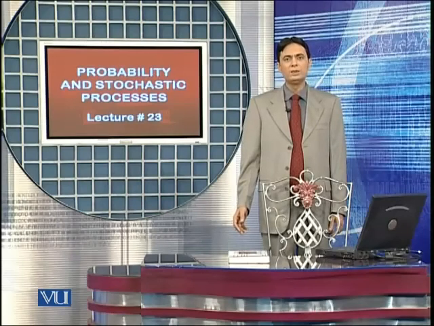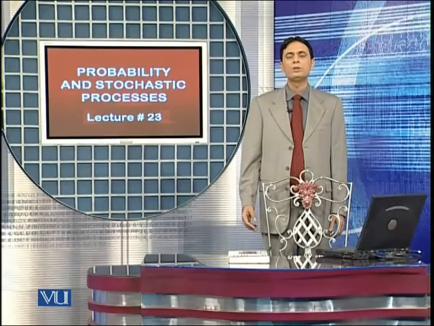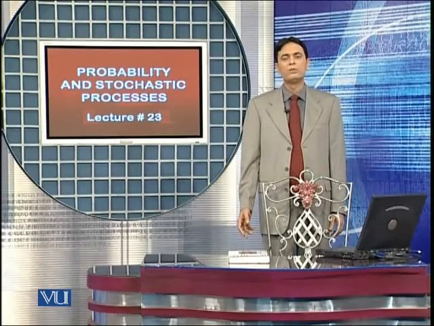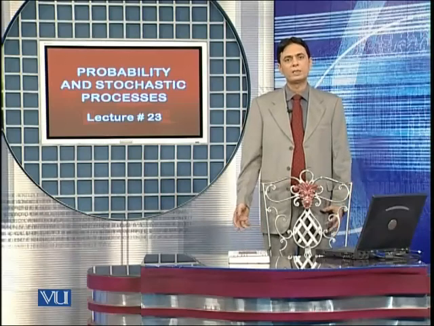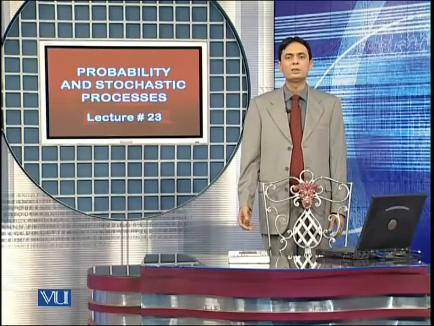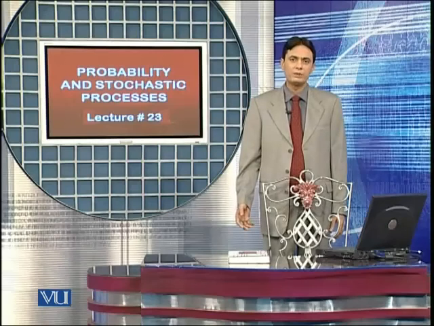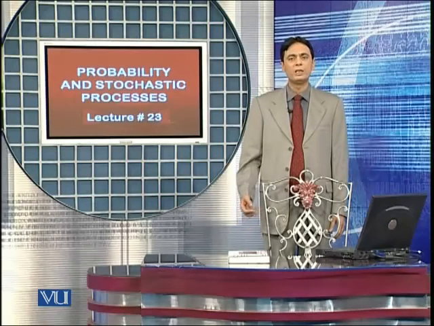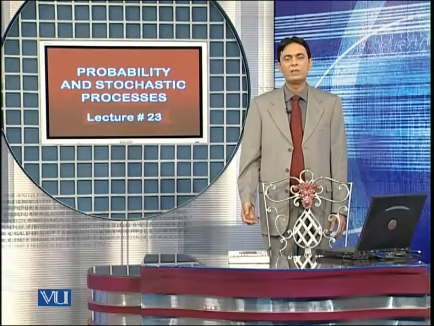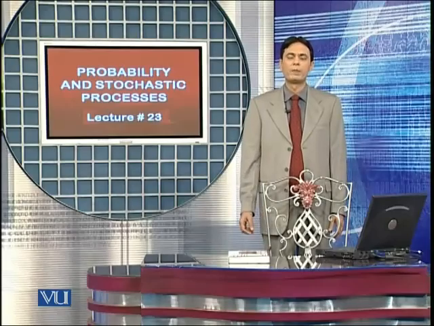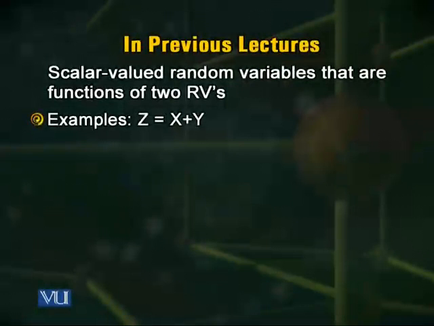We learned that if we want to answer questions which involve both X and Y, we can answer those questions in a better way if we form a new random variable, a derived random variable Z. For example, we can say that Z is X plus Y, or Z is the sum of service times of two televisions.